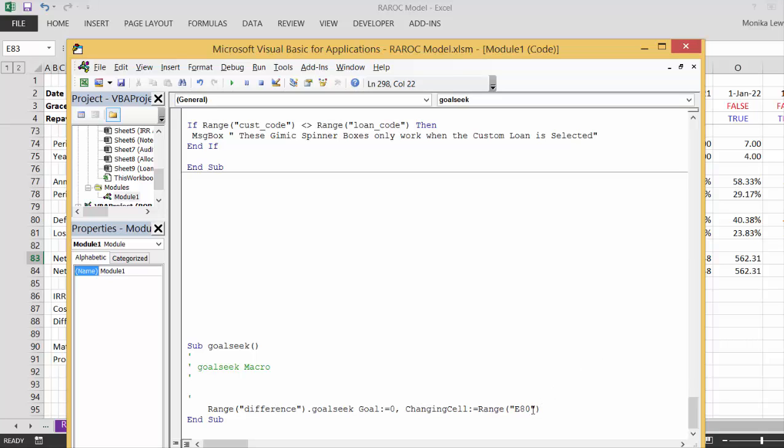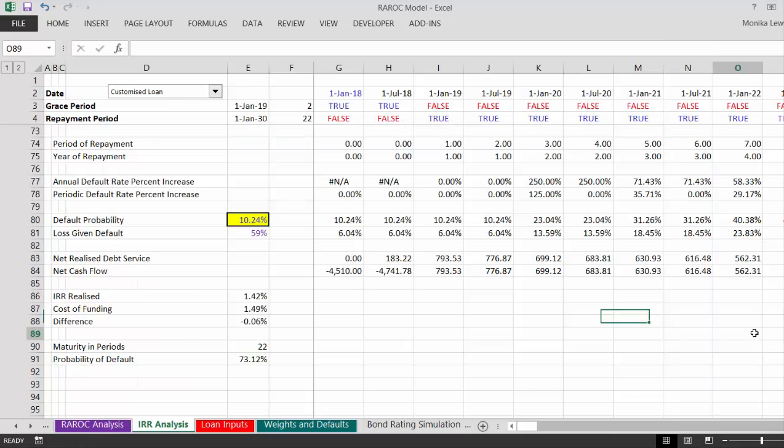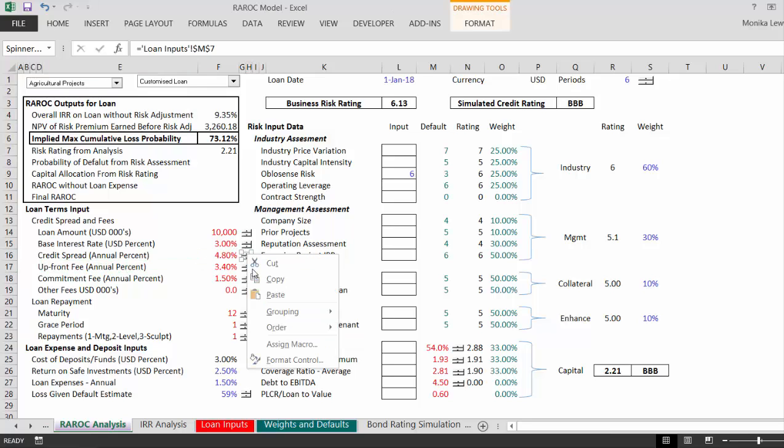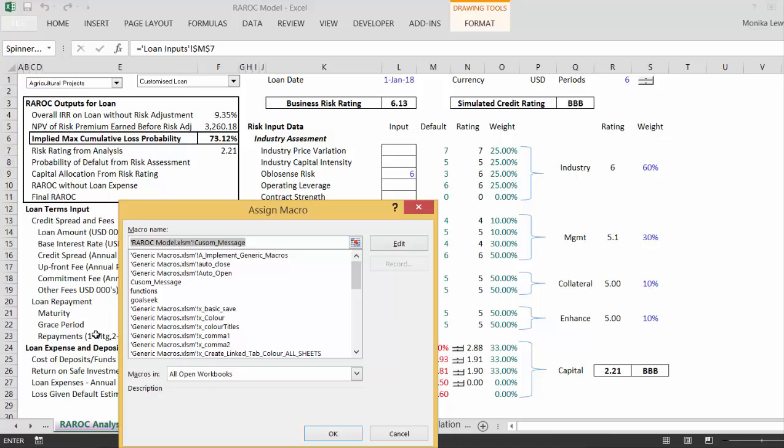We change the PD to get there. There are at least two reasons you have to do this. If you would like to run this goal seek from this thing, you need the range names, and of course if you insert or delete a line. So we can insert this macro and put the goal seek.